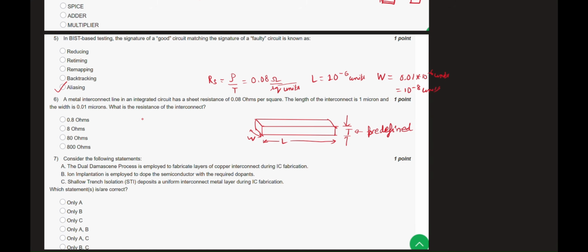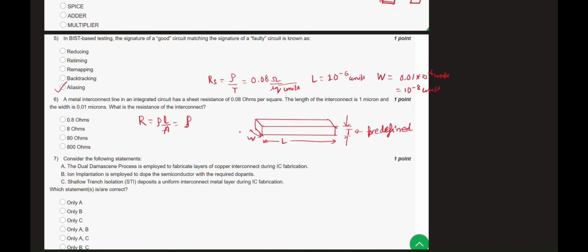Now, what is the value of resistance? Recall your basics that you studied before coming to college itself. The resistance value is rho L by A. Very basic, guys. Here rho is the resistivity, no change in that.